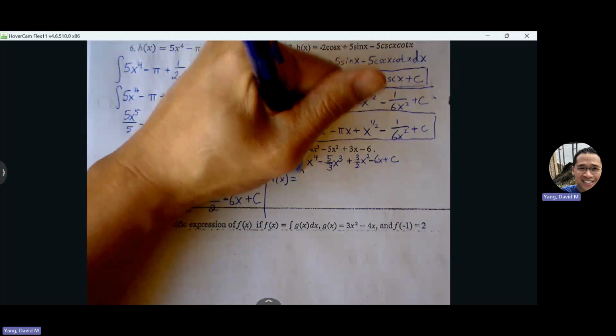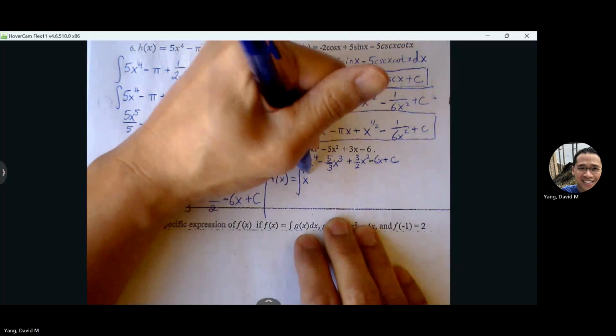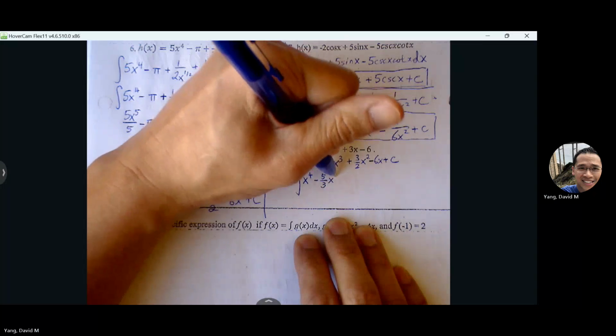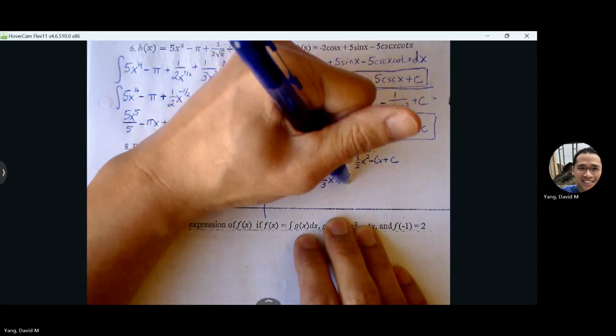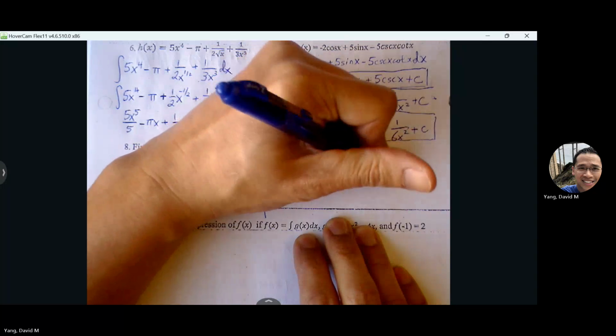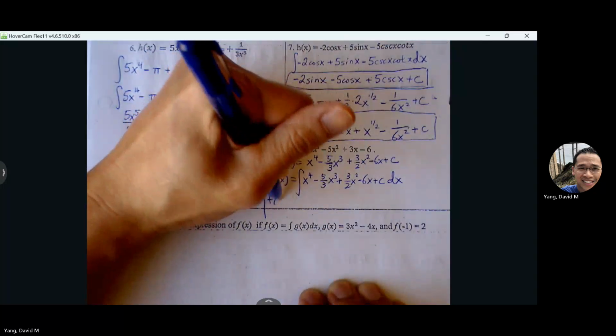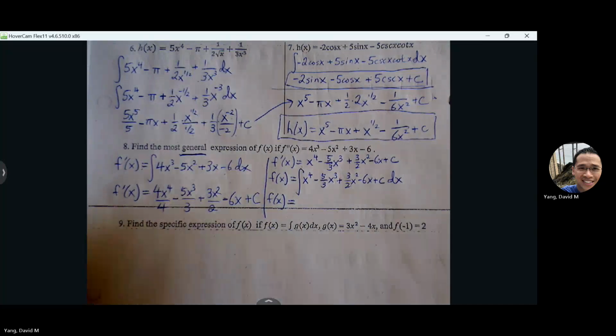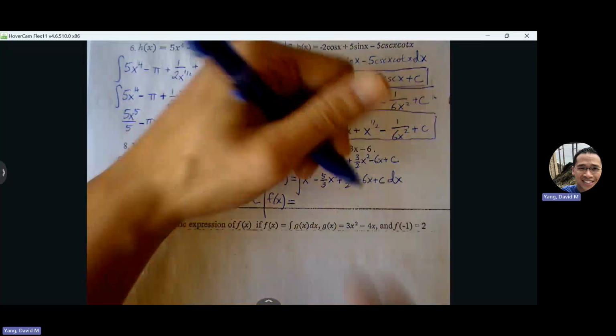Okay, so to find f of x, again, integral to indicate what I want to do. Power rule again.